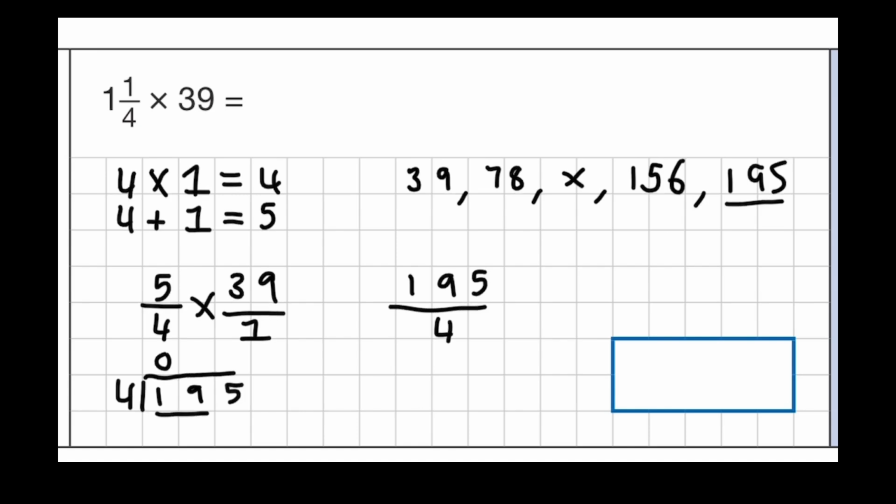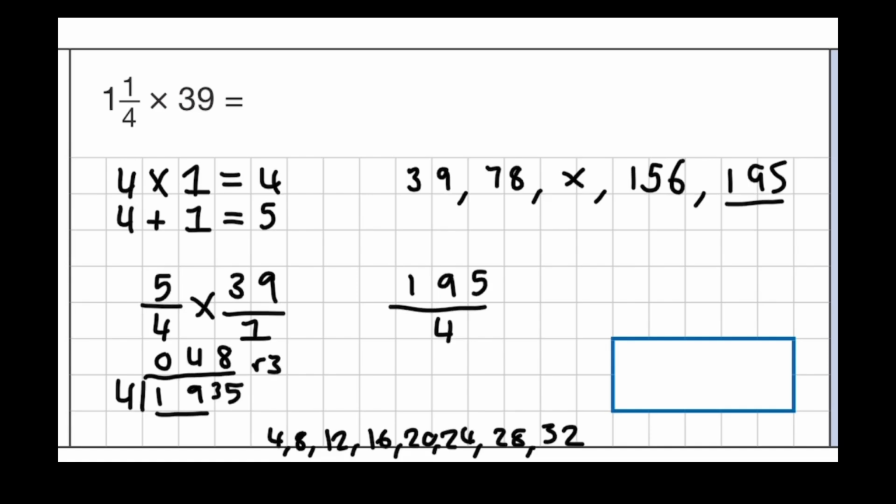I can't fit any groups of 4 into 1, so I think of it as 19 tens. I can fit 4 4s into 19 tens with 3 tens remaining. I'm going to write out my multiples of 4 until I get to the closest I can to 35. So I can fit 8 4s into 35 with a remainder of 3.